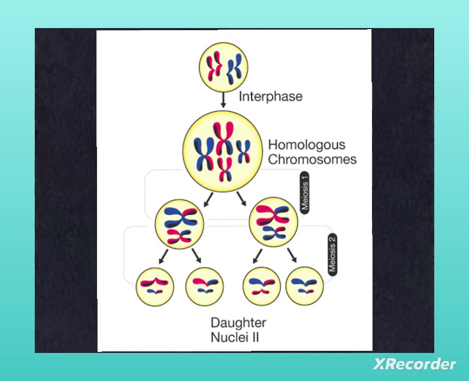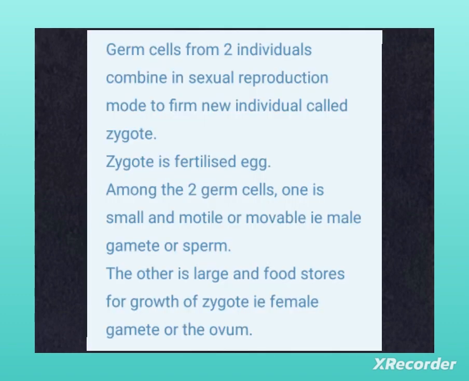This division of cells and chromosomes along with DNA is achieved by the process of cell division called meiosis that is discussed in the earlier videos. So, when germ cells from two individuals combine during sexual reproduction to form a new individual, it results in re-establishment of the number of chromosomes and DNA content in the new generation.